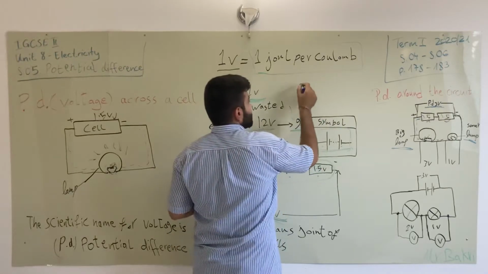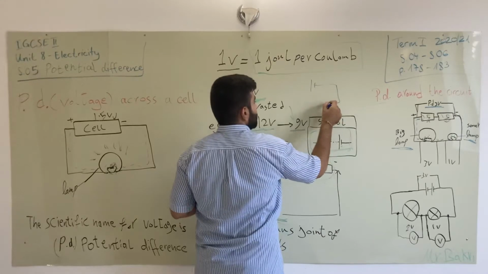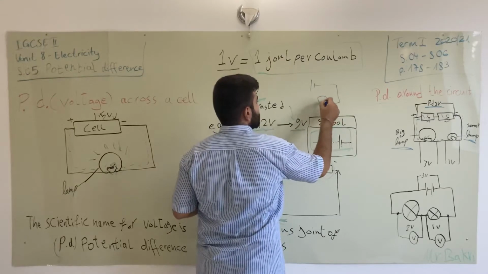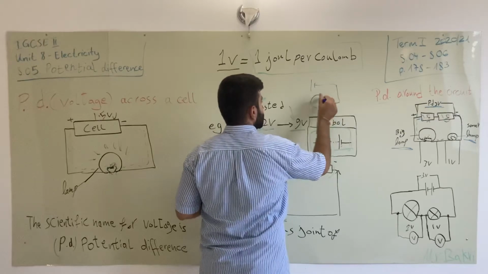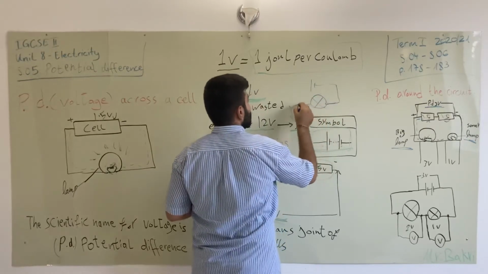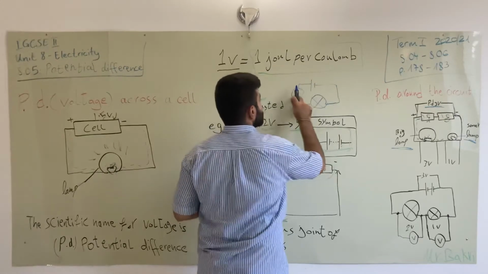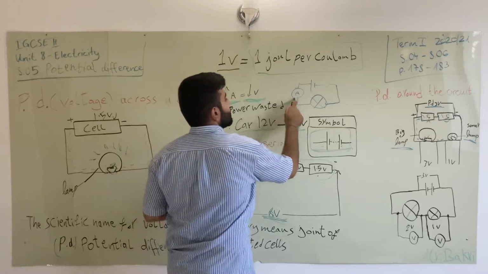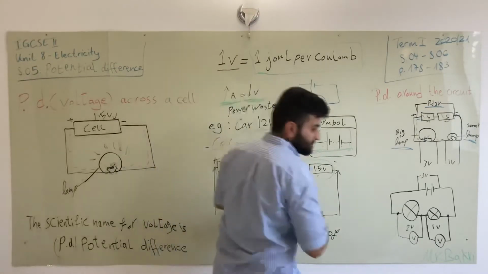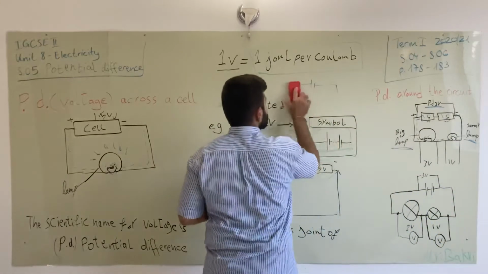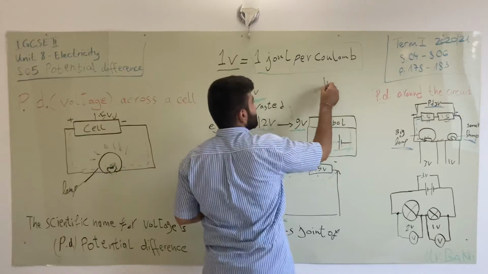So if we have here a normal cell with the lamp, let me put the normal symbol for the lamp. I can put the ammeter here and connect it, and I know the current for the circuit. But for the voltage, it's not like this. Let's draw another one.